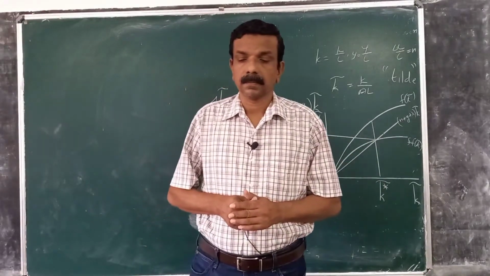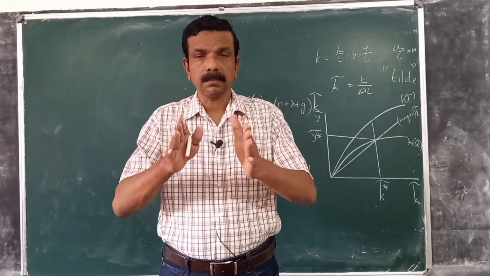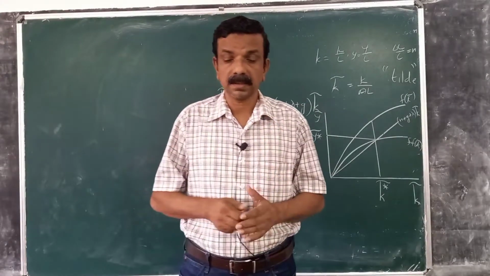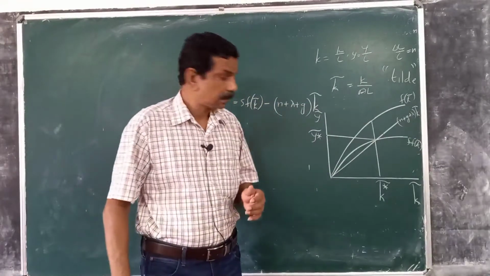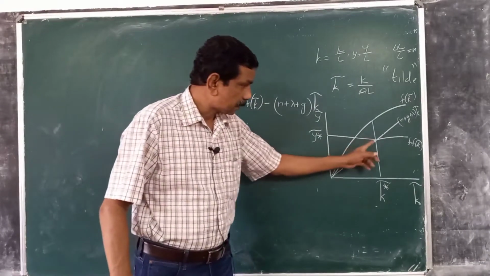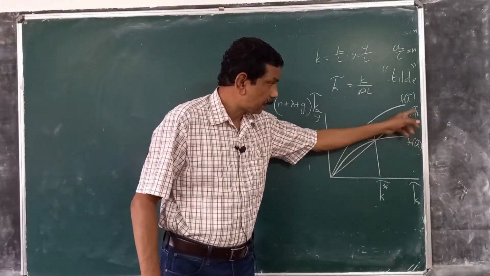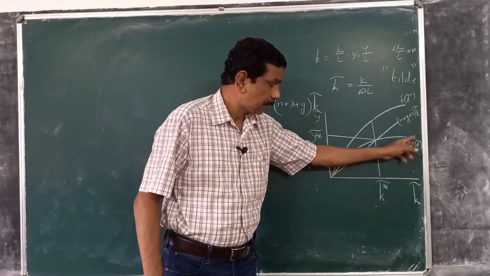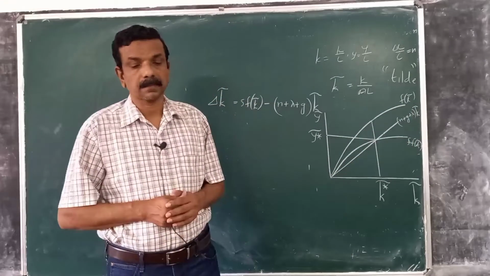The steady state is defined by the intersection between (n plus g plus lambda) K tilde and s f of K tilde.